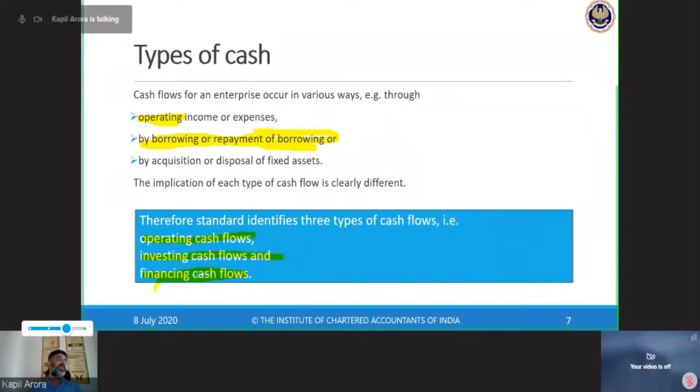If cash equivalent is going, it is just movement of cash; a loss hits my profit and loss account, but it will be shown in cash equivalent only. So by borrowing or repayment of borrowing, that's what we are talking about.